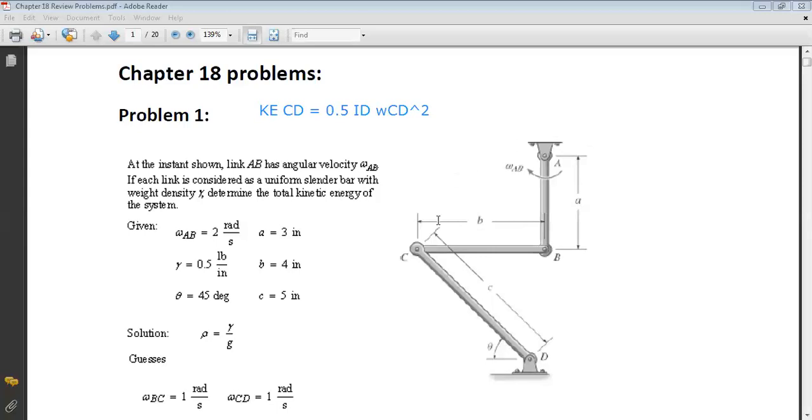Any other question on this problem? Just a small remark. When you have an IC, you can write that the kinetic energy is equal to half times inertia about IC times omega square. But please pay attention. In chapter 17, you cannot say that sum of moment about IC equals inertia about IC times alpha.